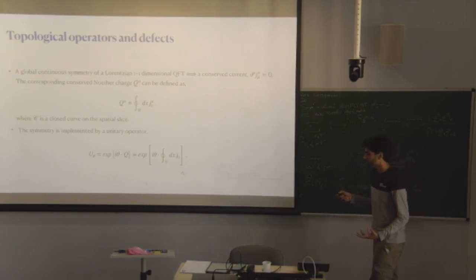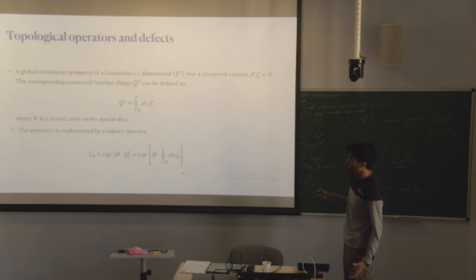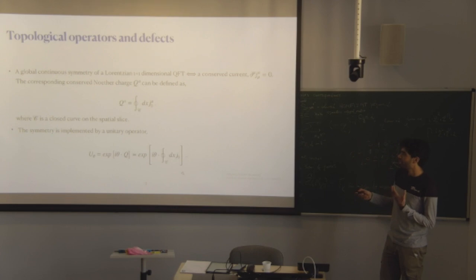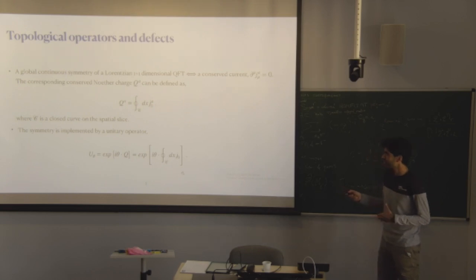To motivate the construction of duality defects, which are topological objects, I would like to begin with the topological nature of Noether charges in 1+1D QFT.